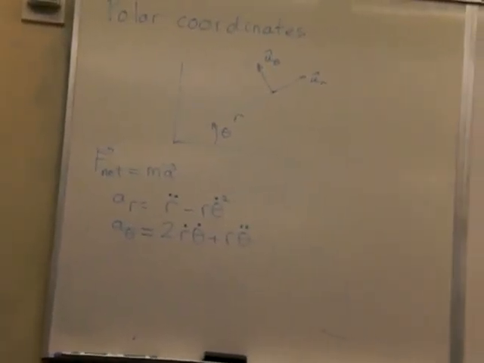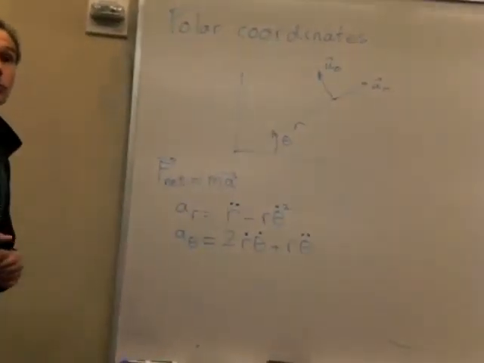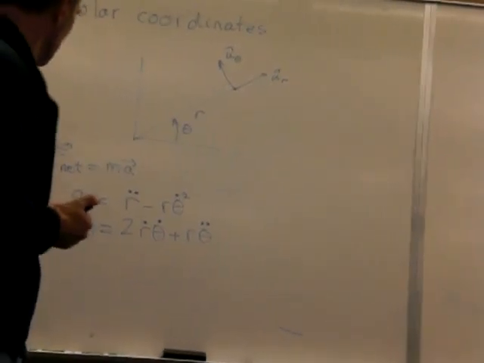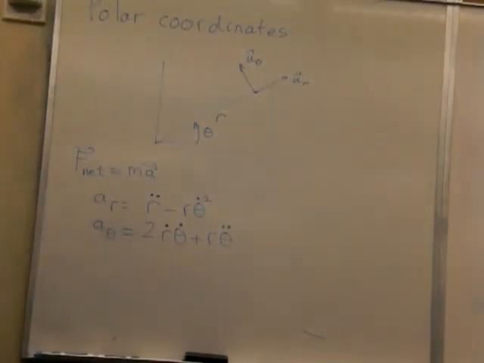When you get used to them, you can think through them and find them again. And of course, if you have a third coordinate, it's going to be the z-axis, and you would get a z equal to z double dot, just like in rectangular coordinates. So then you apply F net is equal to ma.